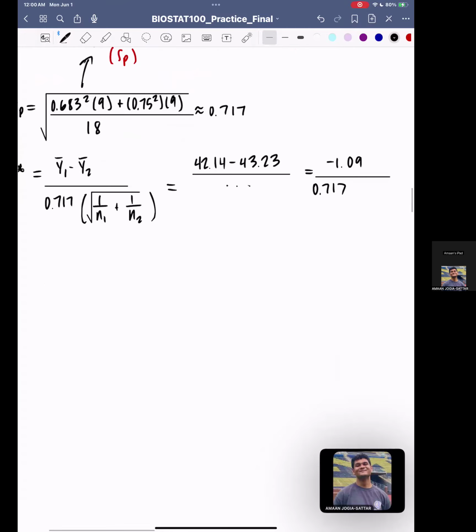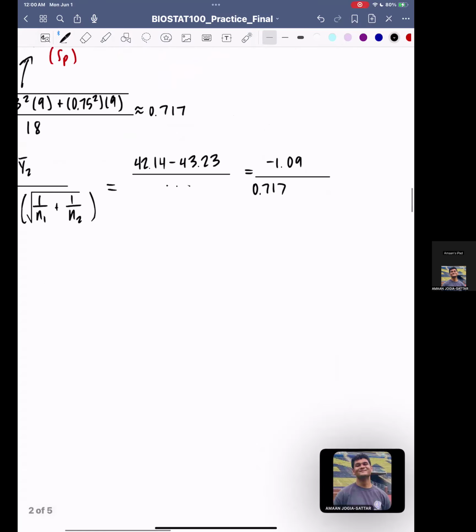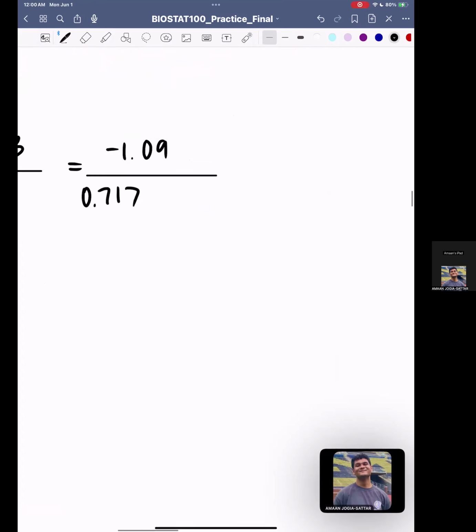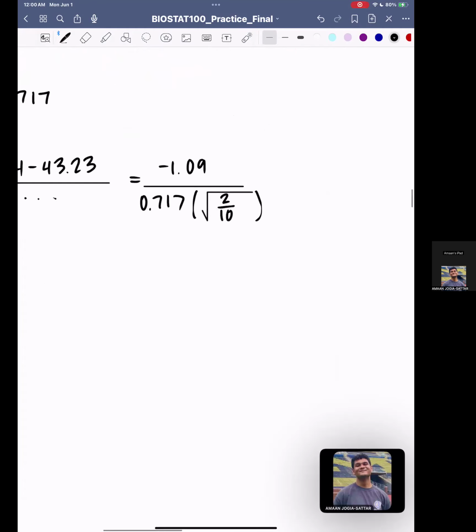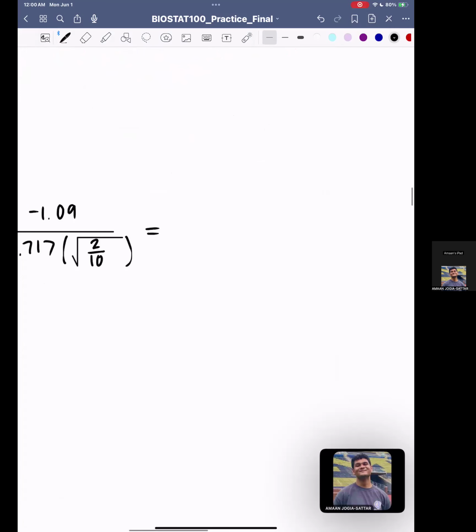And then 1 over n1 plus 1 over n2 is just going to be 1/10 plus 1/10, so that's going to be the square root of 2/10. And what is that going to be? When you do all that math, it's going to be negative 3.40 equals t star. Yay.